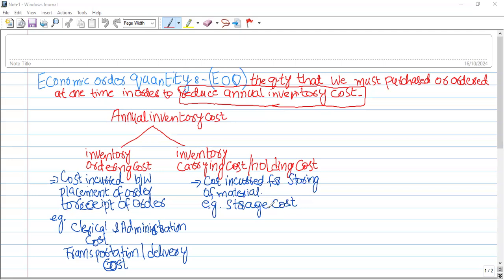All this is included in the storage cost. Insurance of the material is also included in the holding cost. Then there is the risk of obsolescence.